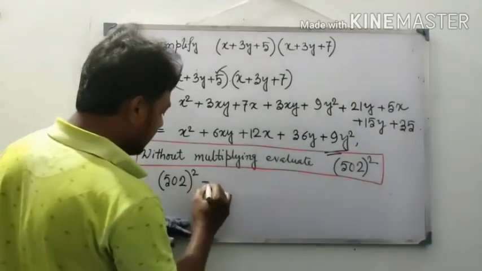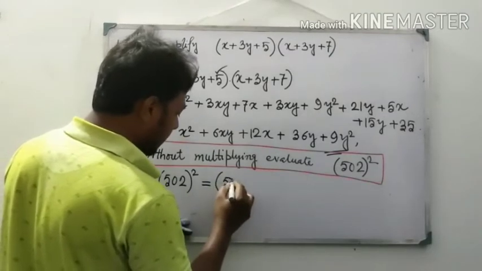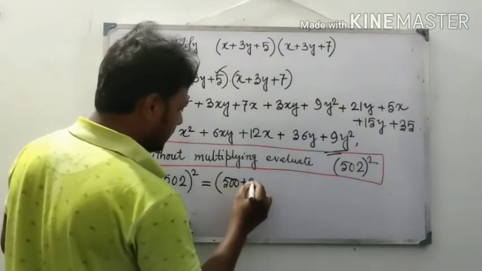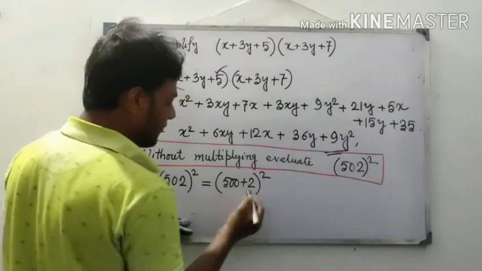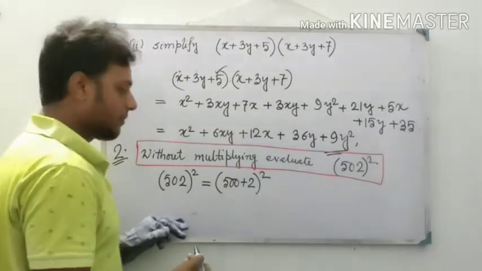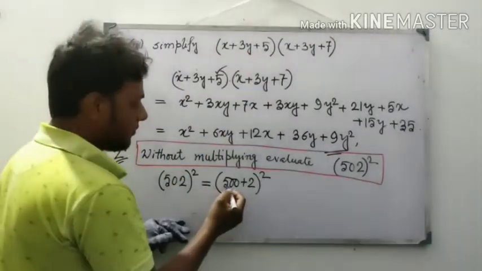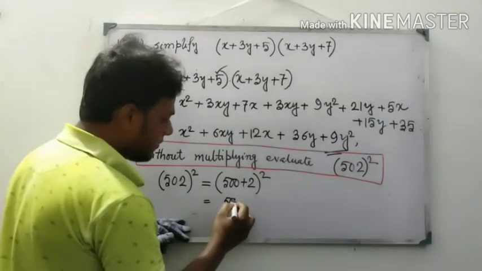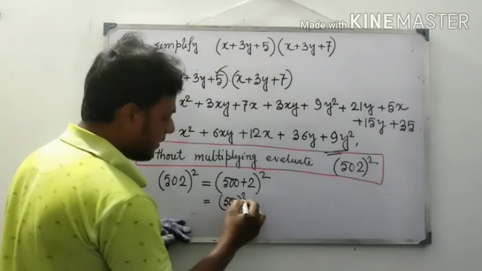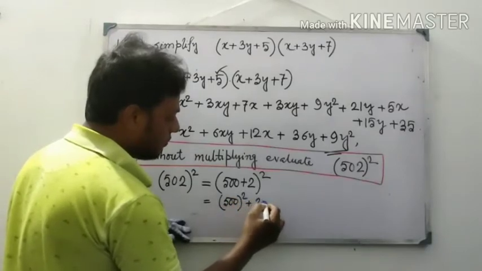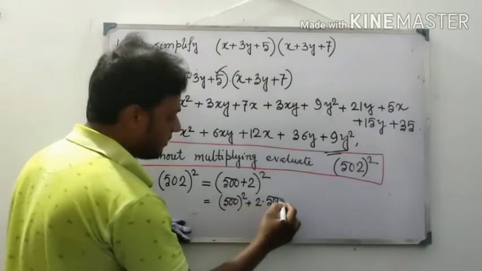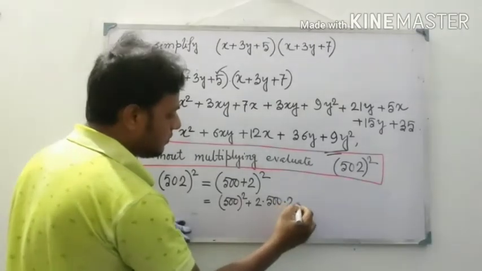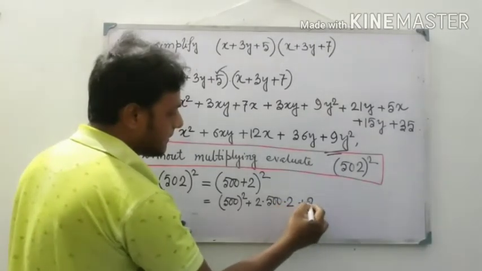So 502 can be written as 500 plus 2. Is it true? 500 plus 2. So now a plus b whole square means a square plus 2ab plus b square: 500 square plus 2 into a, here 500, into b, here 2, plus 2 square.